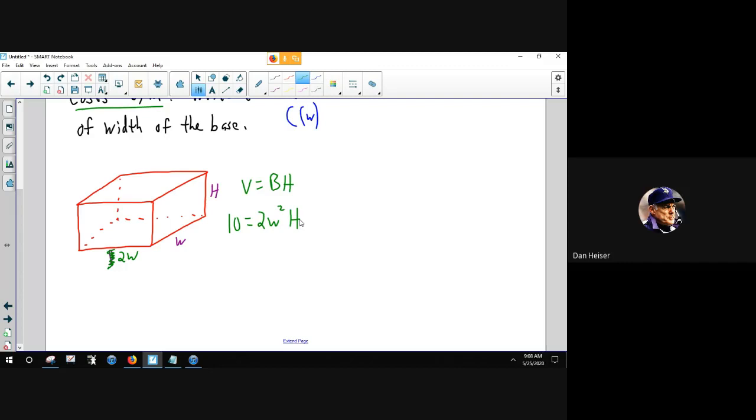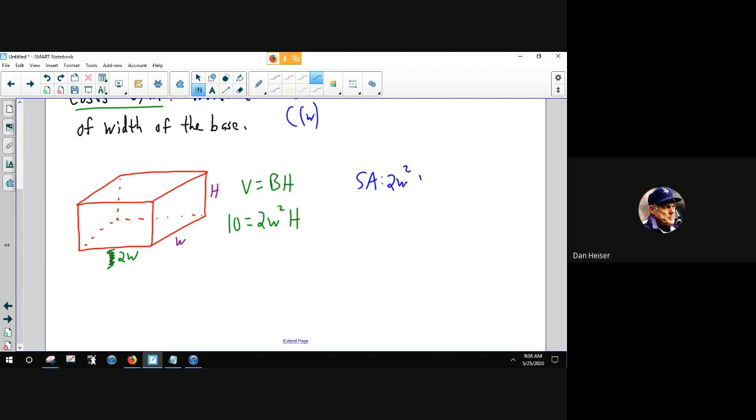Well, let's look at surface area. We can find our surface area. We can maybe go a little further. So, area of the base, 2W squared.